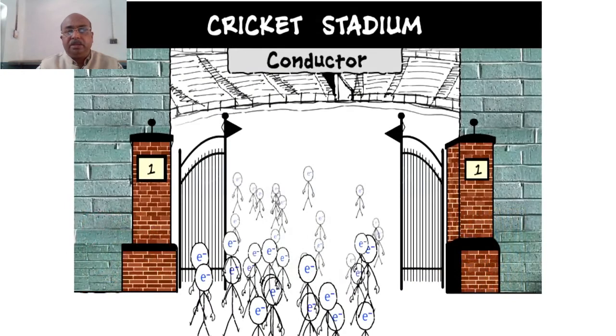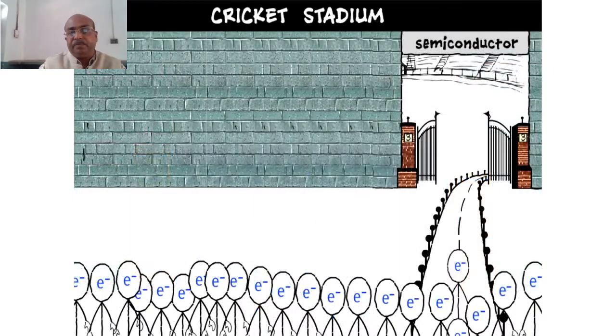You know that conductors are those we can compare like this. Suppose there are many people who are entering into a stadium and the gate is open, so everybody can go. Similarly, if electrons can travel without any hindrance, this is the case of a conductor. But if we open a narrow path in which the people may go in a line in a particular order as directed, then this is the case of semiconductors.